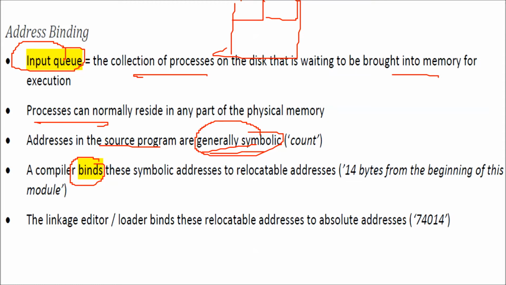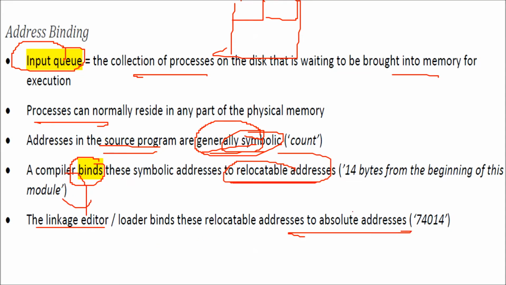The compiler has various aspects, we'll see about that. So the compiler binds these symbolic addresses of the source program to relocatable addresses. And what are these relocatable addresses? I'll show you just now. After this we have the linkage editor and loader, which bind these relocatable addresses to absolute addresses.